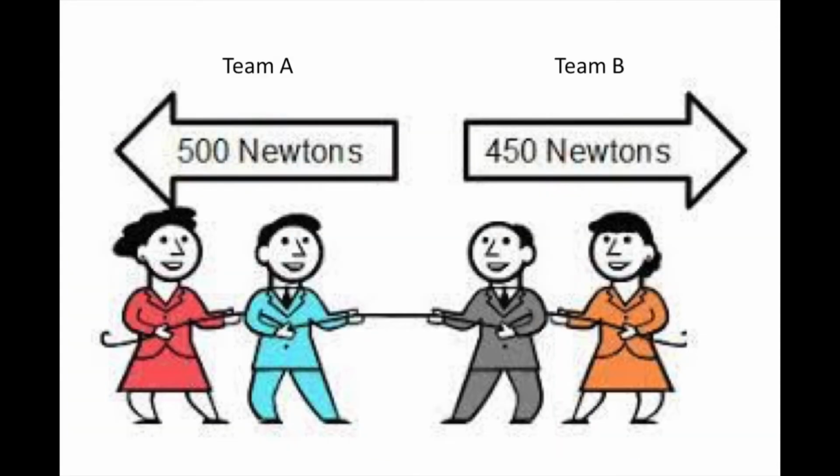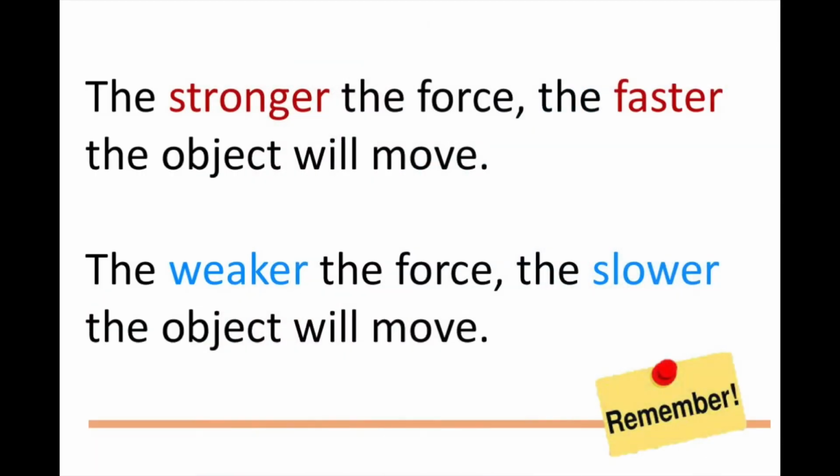In the next example, which team will win the tug of war and why? If you guess Team A, that's correct. Team A applied a greater amount of force than Team B, that is why they won the tug of war. So we can conclude that the stronger the force applied, the faster the object will move, and the weaker the force, the slower the object will move.